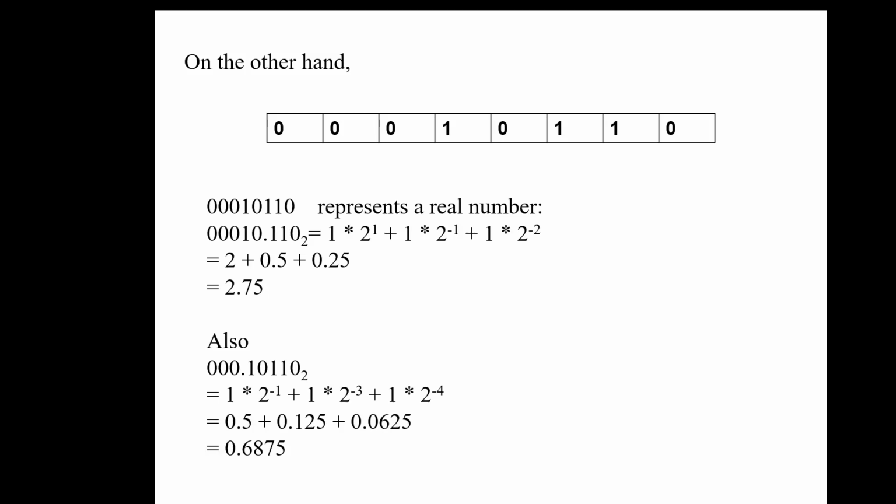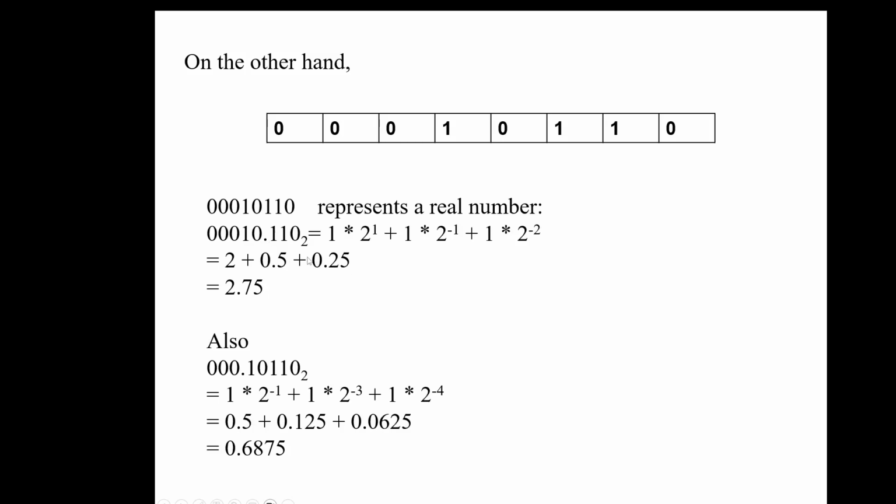So in this example, if you represent this binary number, assuming that there's a decimal point at the third position, this is used to represent the following real number. 10 before the decimal point is 2, because the first place value is 1, the second place value is 2.